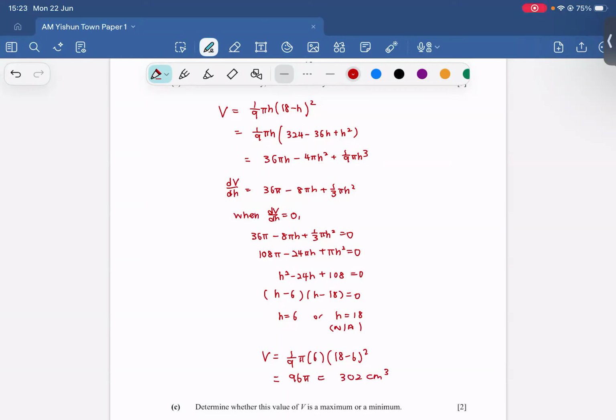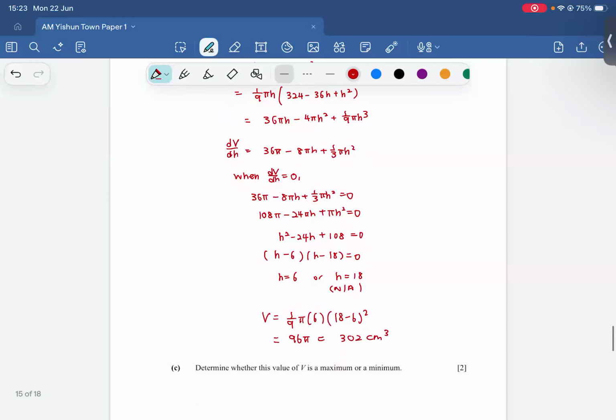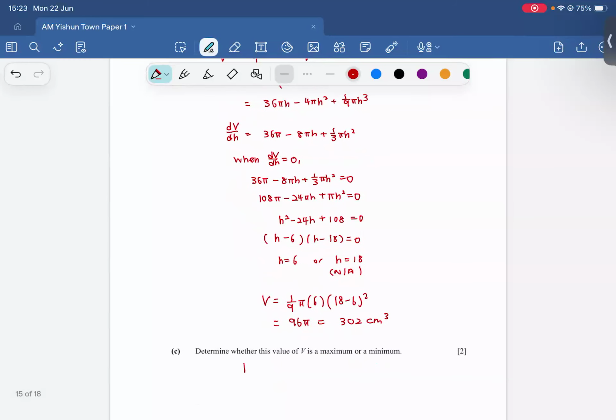Okay, now determine whether this value of V is maximum or minimum. So this is good because just now we have already expanded it. If just now you never expand it, then to solve this part, to differentiate again is more challenging. So that's the reason why I recommend you go and expand first. So when I differentiate, this becomes negative 84 pi plus 1/3 pi h.